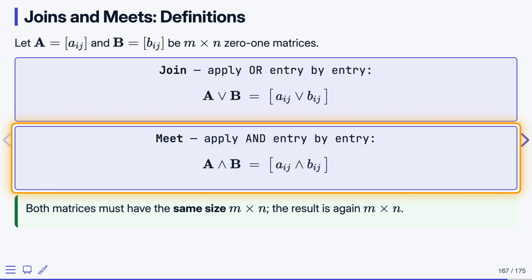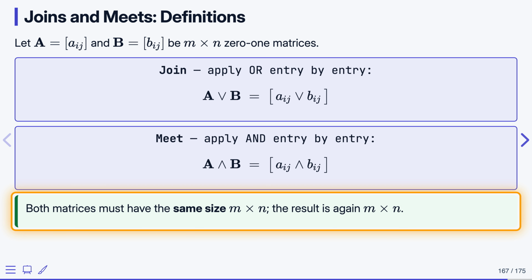The meet of A and B, written with the up-pointing wedge, is built the same way, but using the "and" rule. Its entry in row i, column j is a sub ij meet b sub ij. So both operations work entry by entry, comparing the two matrices cell against matching cell, and the answer has the same size as the inputs.